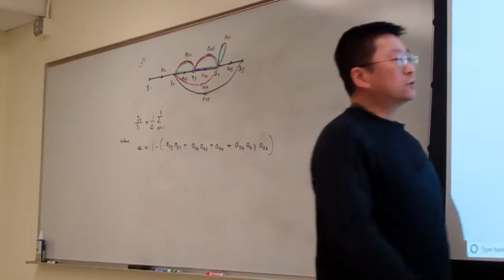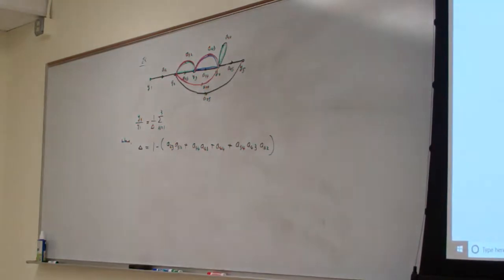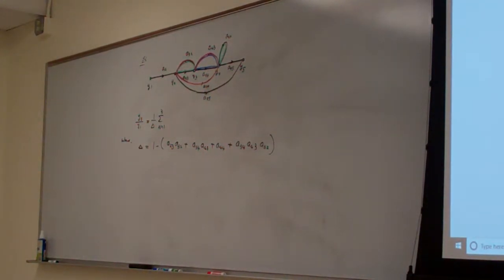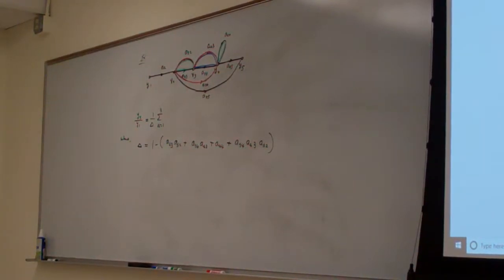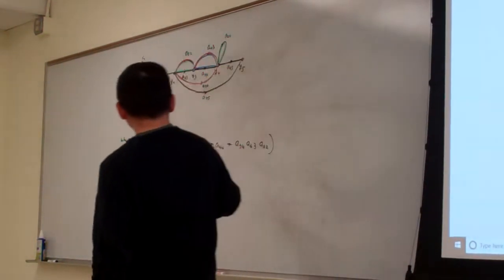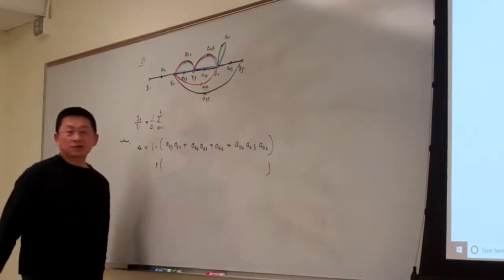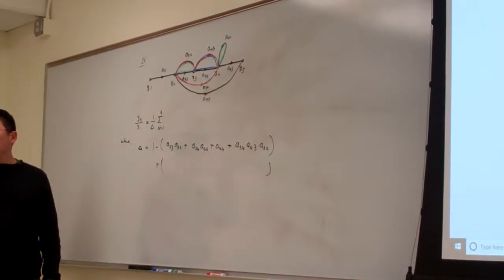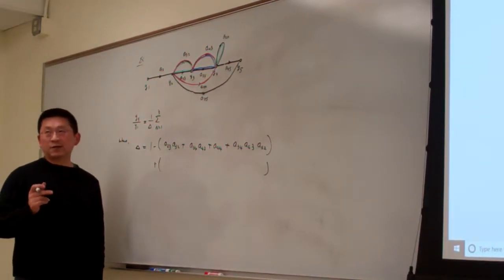The second term is the summation of the products of the gains of the combinations of two non-touching loops. What does that mean? The second term is the summation of the multiplication of the gains coming from two non-touching loops.